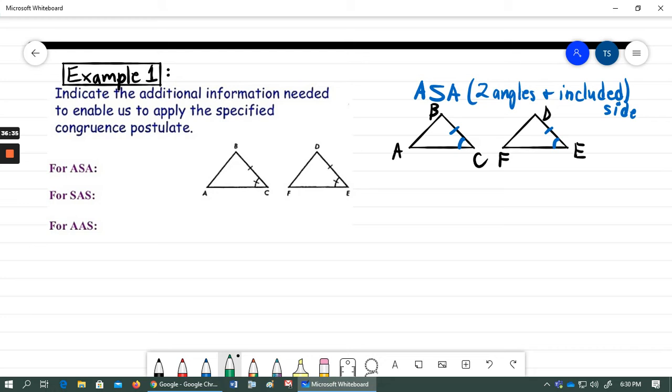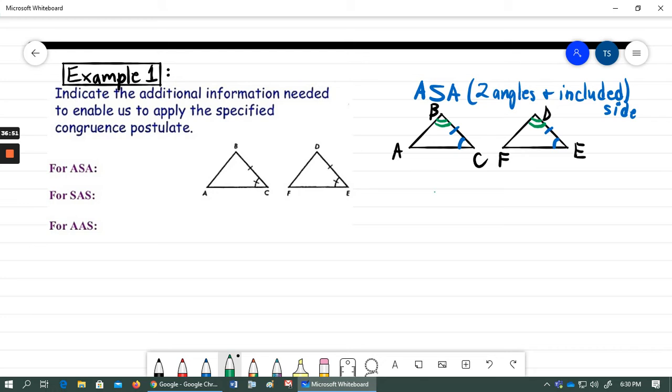But it would be these two angles right here. So this angle would have to be congruent with that angle.